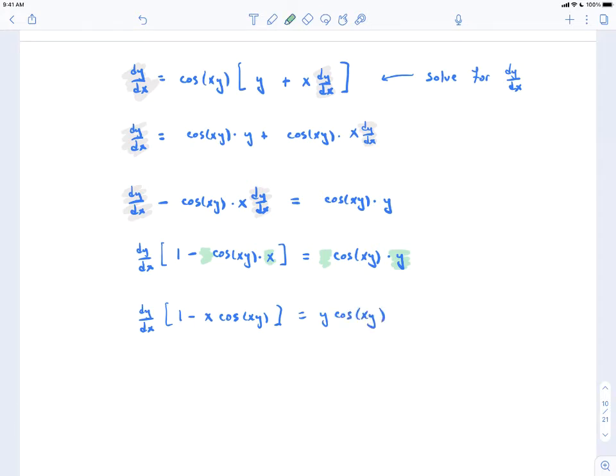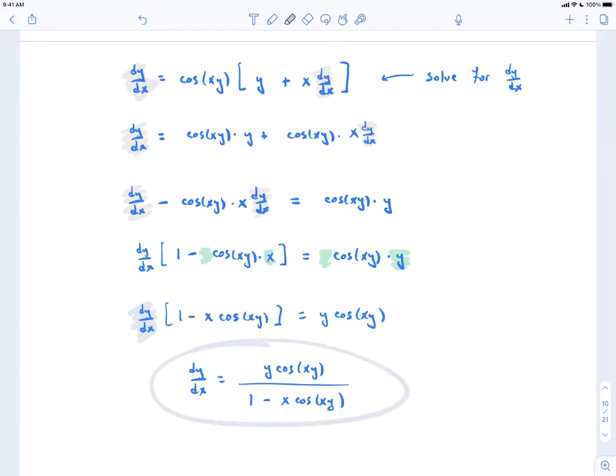And again, the thing that we're trying to solve for is this dy/dx, so we just divide by everything else. And so we'll have dy/dx is equal to y times cosine of xy divided by 1 minus x times cosine of xy. And this is our formula.